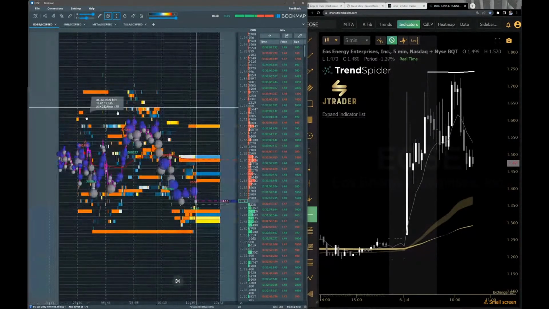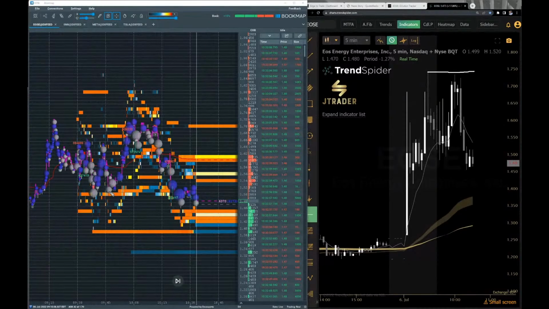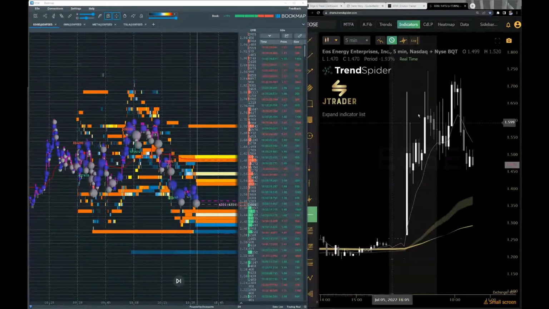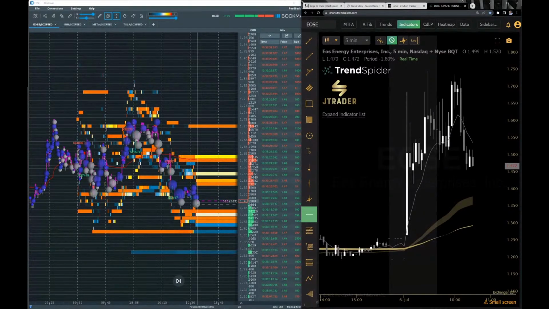Over here, we had also a second level, which is this 150 over here. And all morning, this 150 was holding. So we had over here dip 150 pop, dip 150 pop, dip 150 pop. So that is the critical area this morning over here on EOSC.